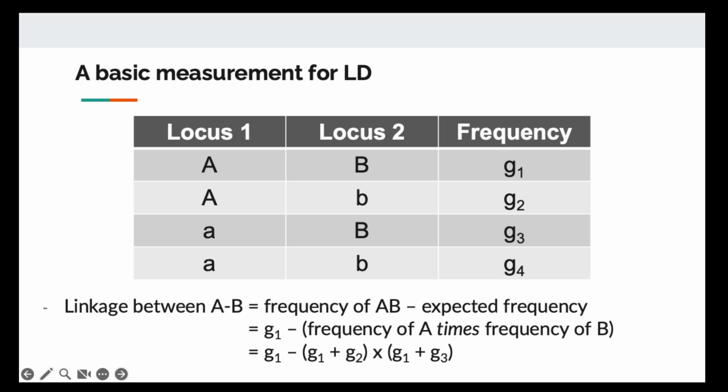If A and B are not linked, then the frequency that they occur together in the same individual would be the same as the product of the frequency that capital A occurs and the frequency that capital B occurs. And you can also compute this from this table. So the linkage between certain alleles, you can calculate based on the frequency in the population. So just to look at the calculation behind this.